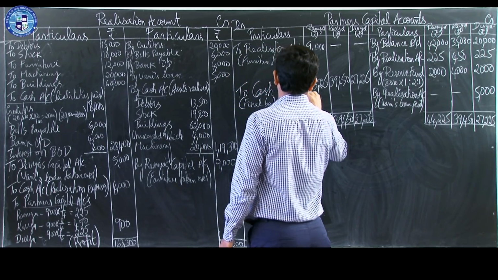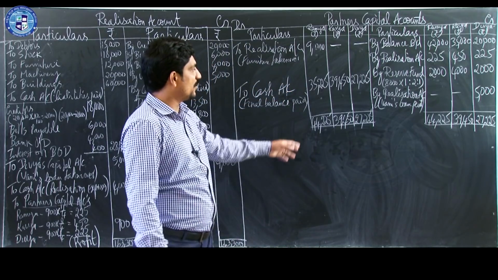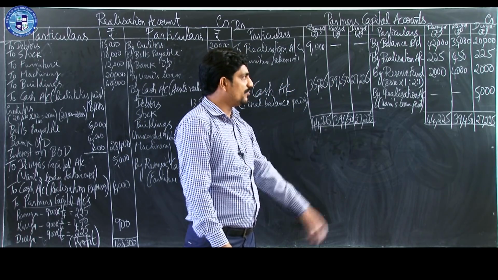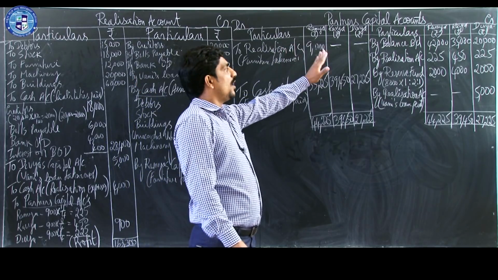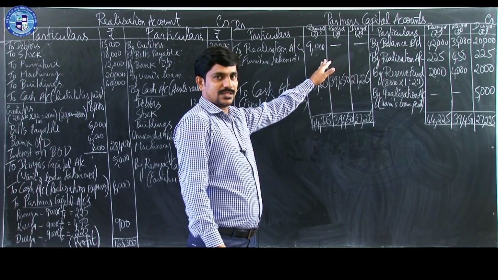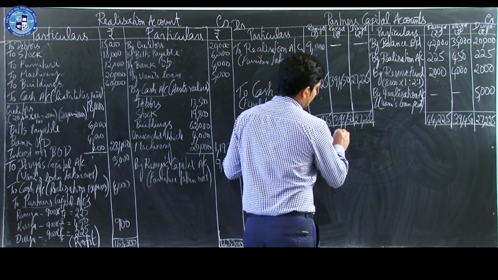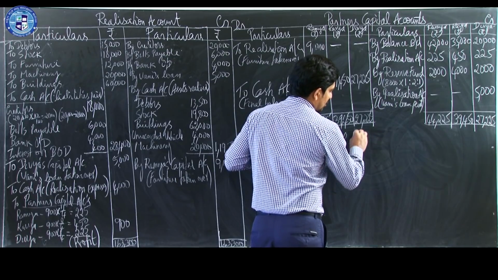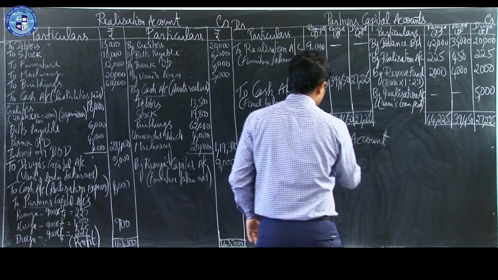Final balance paid to the partner: 35,225, 39,450 and 27,225. So, after completing the partner's capital account, we have to prepare the last account. Which is the last account you have to prepare here? Cash or bank? Cash account. In this problem, cash is given, so we need to prepare cash account.